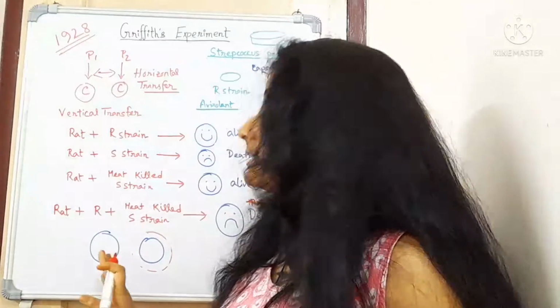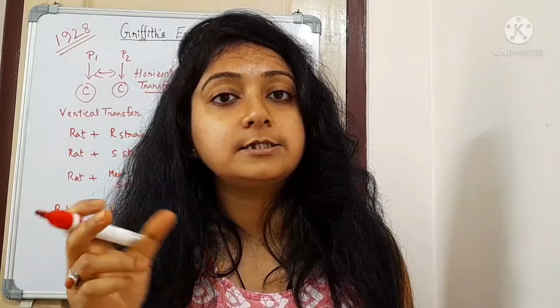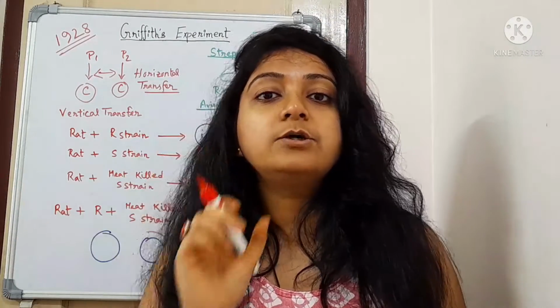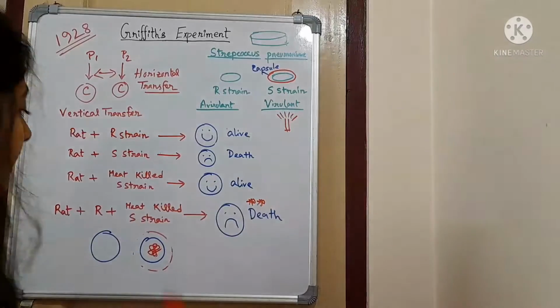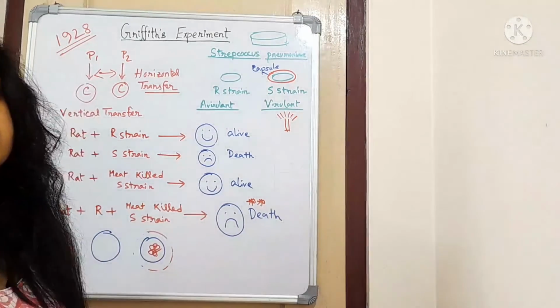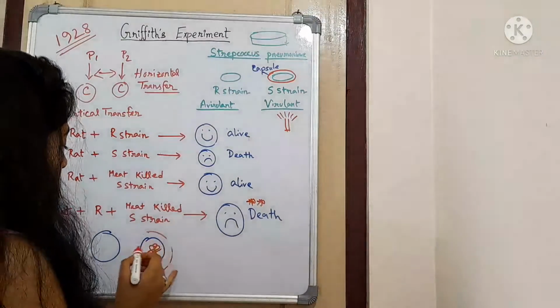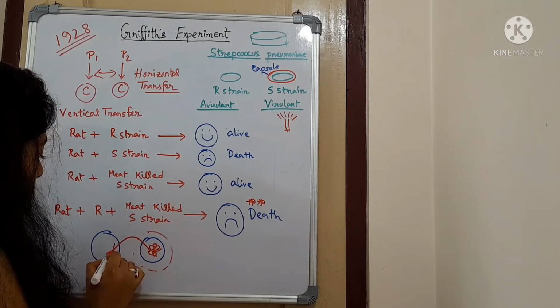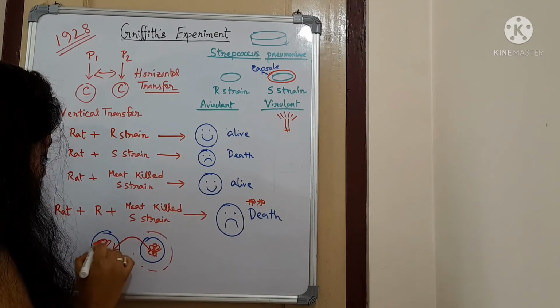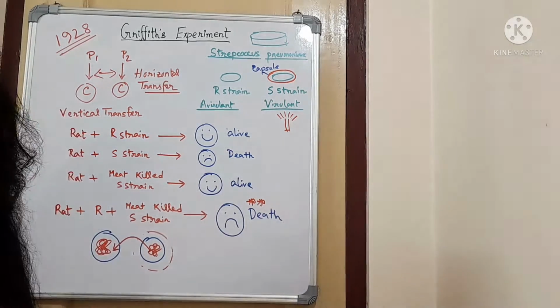And that was basically transforming the R strain bacteria into the smooth or virulent strain. Say, for example, this was the factor carrying the information for producing the capsule. Somehow this was passing into the R strain bacteria.